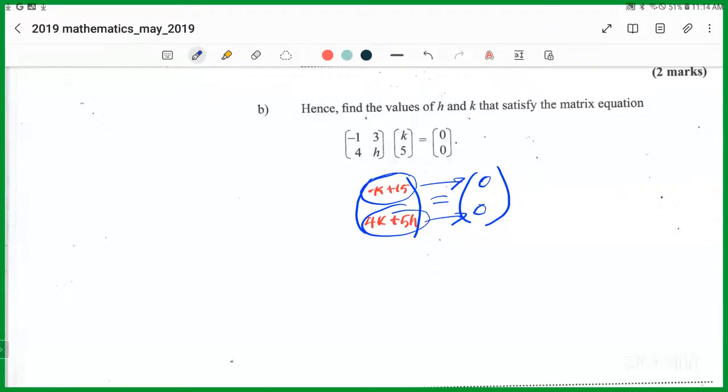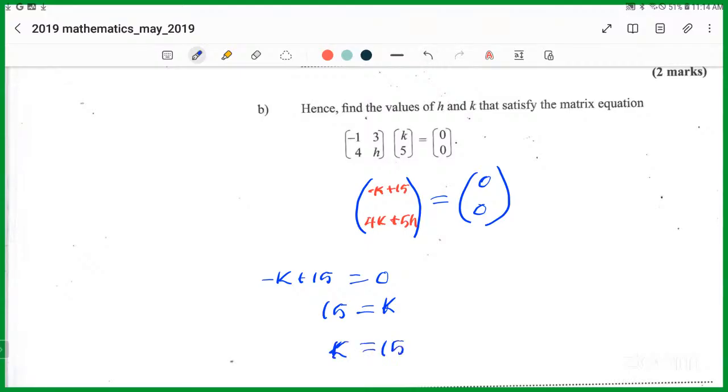So we can write that minus k plus 15, that's this one, is equal to the 0 here. To make k the subject, we can take this negative k and bring it over here, and it becomes a positive k equals 15. We can turn this around and write k equals 15. So that's one value for k.